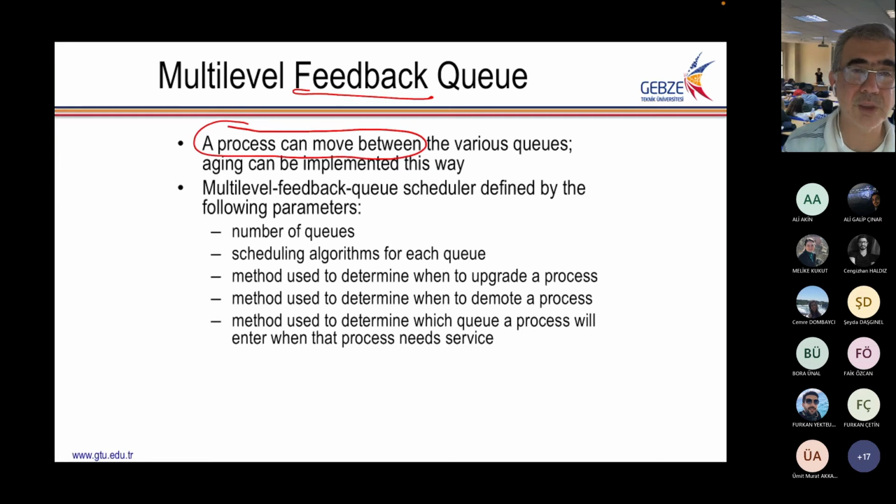You can go up and down depending on aging and the priority change algorithm. You can change the priority algorithm, therefore starvation is eliminated and more just distribution can be obtained.